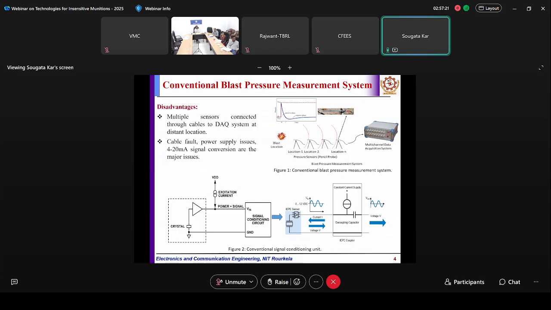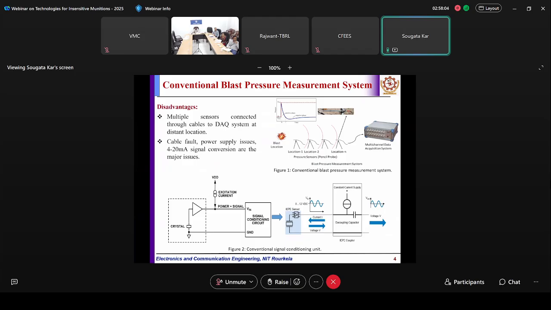Now, if you want to connect a long cable, the capacitance of the cable comes into the picture, and signal attenuation occurs because the cable capacitance and the resistance form a low pass filter, and that data loss is there. That's why, for most data acquisition systems which are placed at a long distance, constant current transmission is preferred.